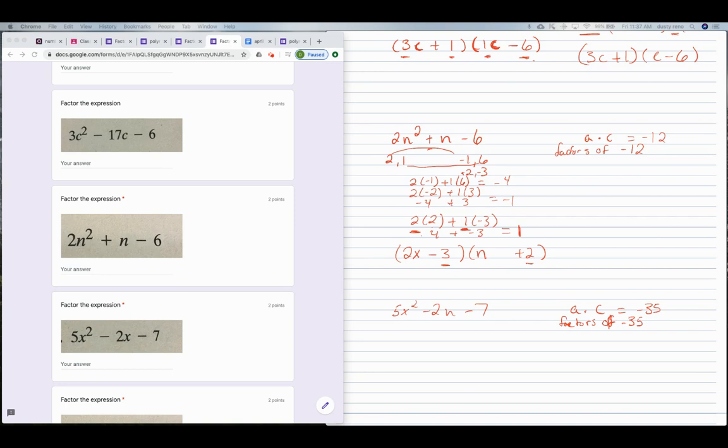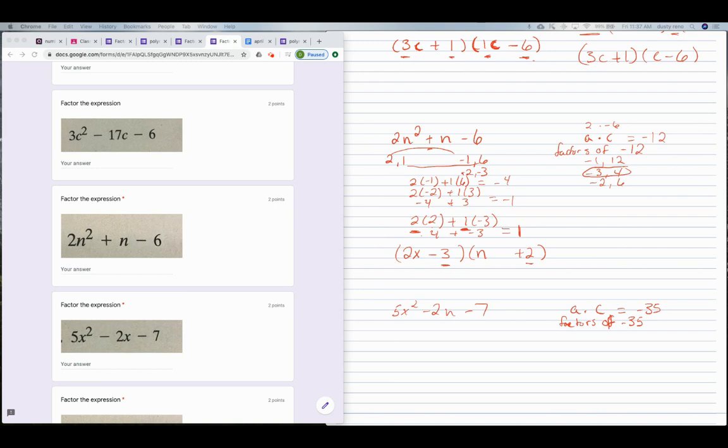By factoring, so same thing, you multiply your a term, which would be 2 by negative 6, and you get negative 12. Factors of 12 are going to be negative 1 and 12, negative 3 and 4, and negative 2 and 6. Which one of these is going to give us a positive 1 when you add them together?